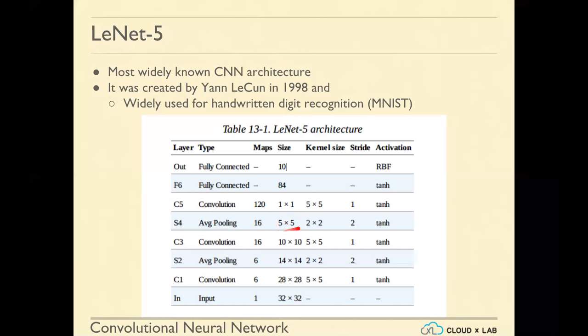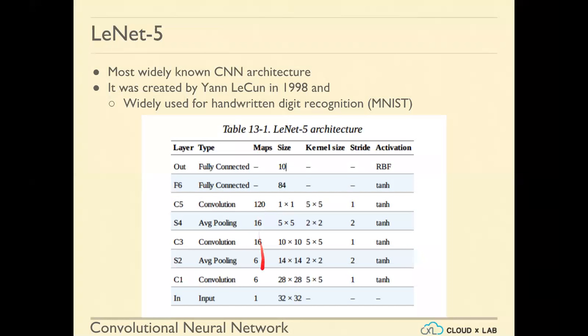So the size of the input layer is 5 by 5. A good question: can a large kernel be used for a smaller map size? Here the map size is different.